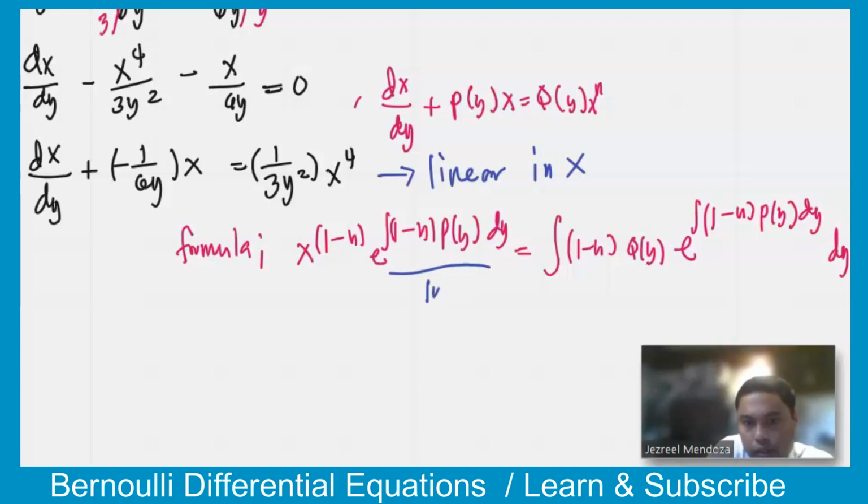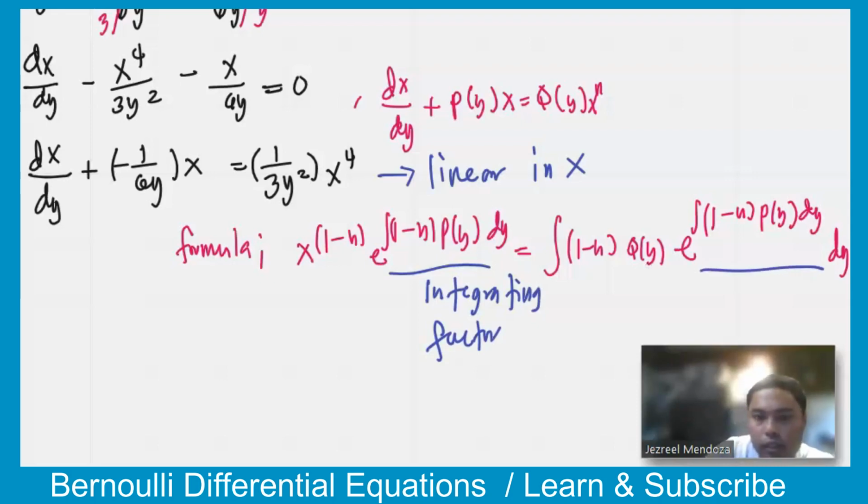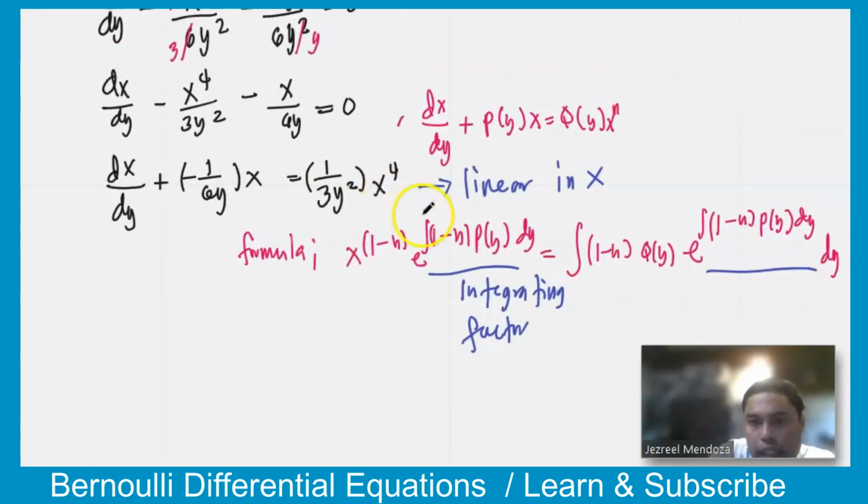So we have the integrating factor, and for this one, the same integrating factor. We need to analyze what p of y and q of y are. From this equation, this is our p of y, this is our q of y, and this is our x raised to n.